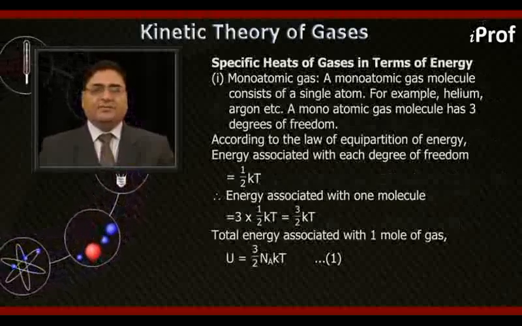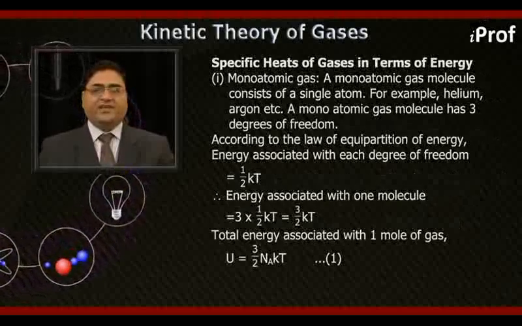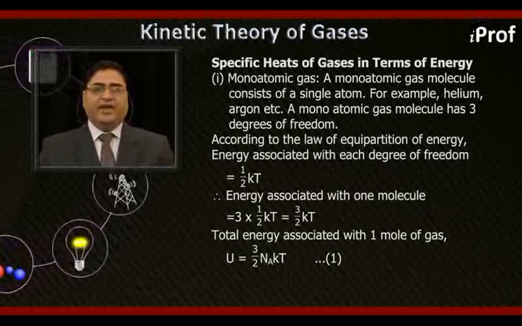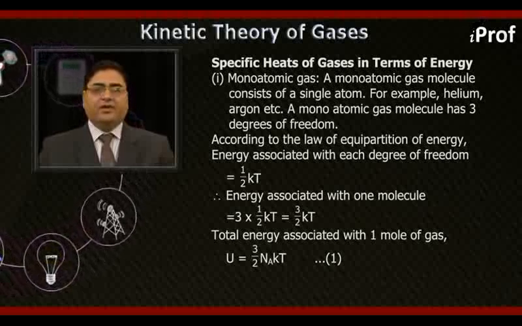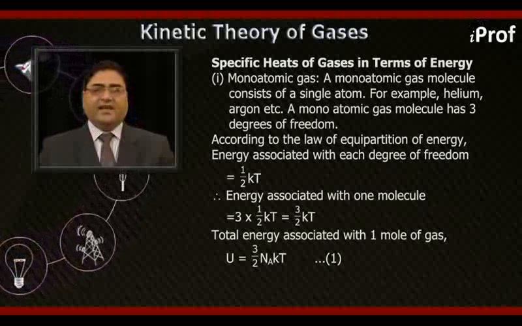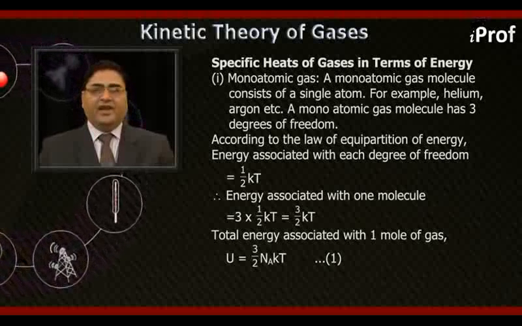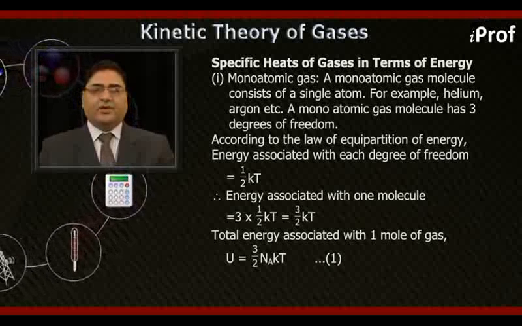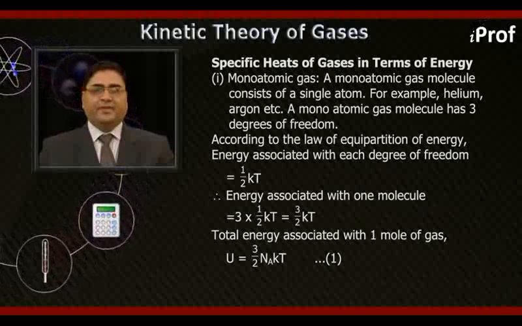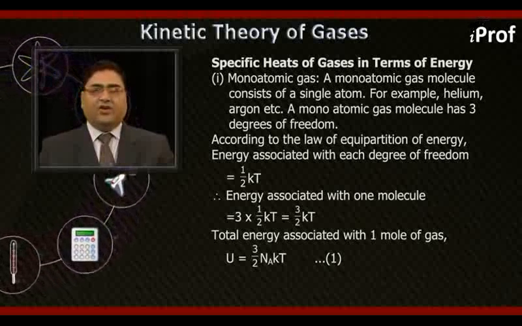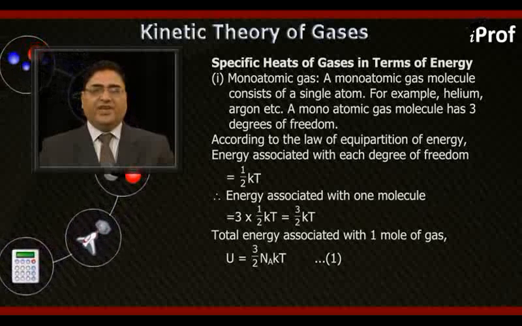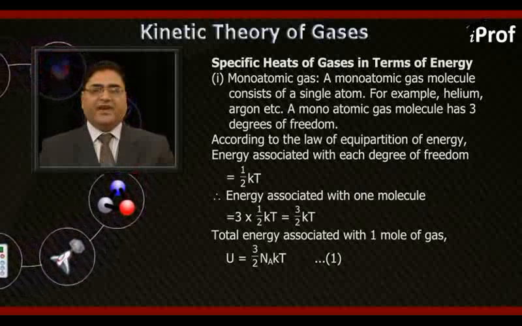Let's see specific heat of gases in terms of energy. Let's see first for monatomic gas. A monatomic gas molecule consists of a single atom, for example helium, argon, etc. A monatomic gas molecule has 3 degrees of freedom. According to the law of equipartition of energy, energy associated with each degree of freedom equal to half kT.